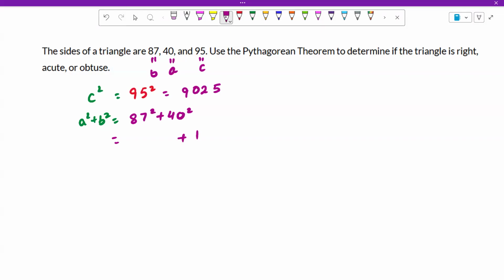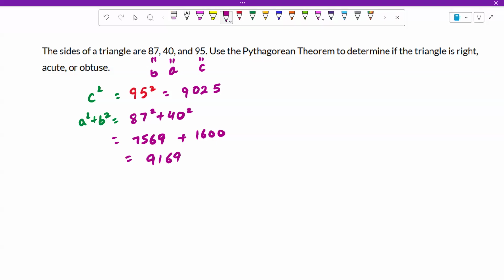It's 7,729. And 87 square was 7569. Okay. And the addition is 9169.